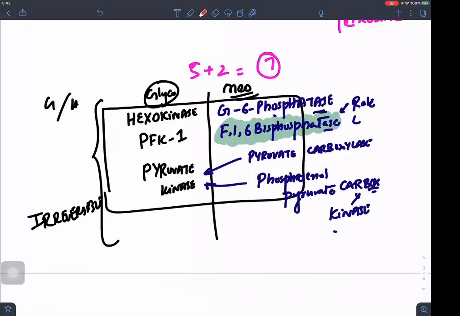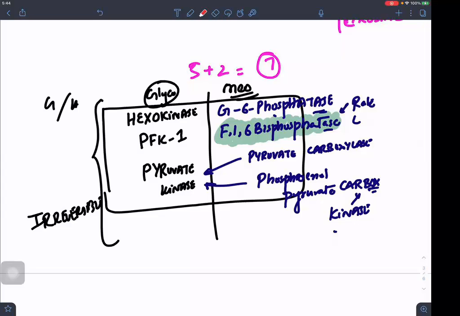The main challenge for gluconeogenesis is to overcome those irreversible steps so that it could reach the glucose molecule, because gluconeogenesis is the process where you are forming a glucose molecule.